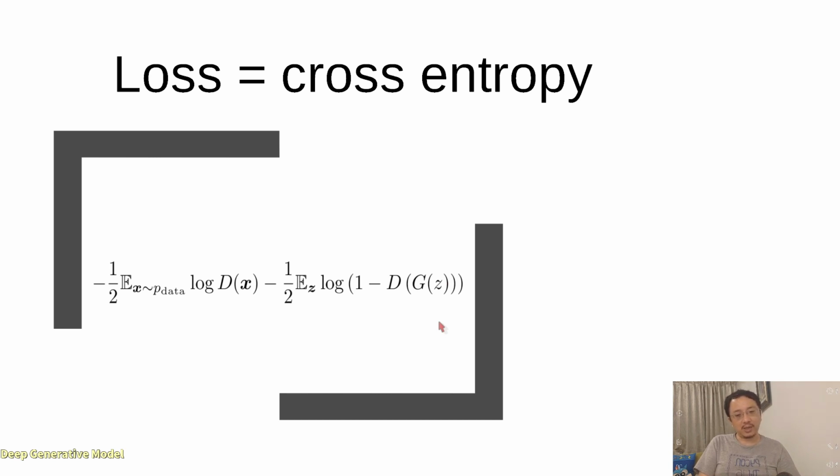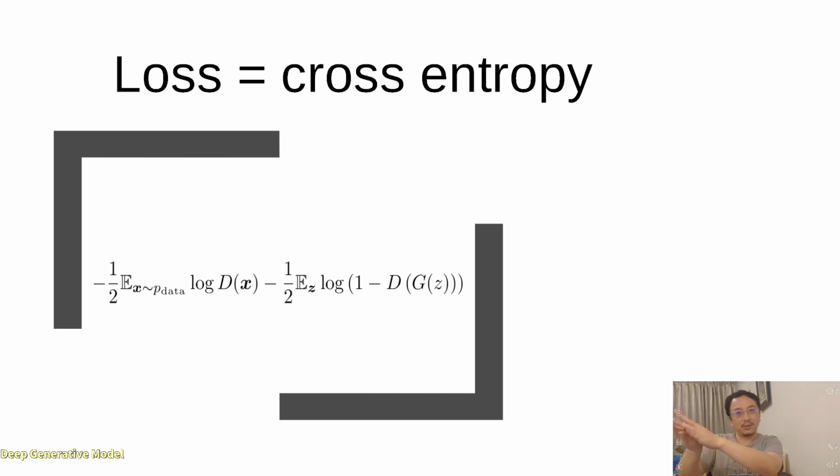For the generator to cheat the discriminator, we can simply use the same loss function, except the goal for the generator is to maximize the loss function. When the loss is lower, that means the discriminator can very effectively tell the difference between the good one and the poor one.